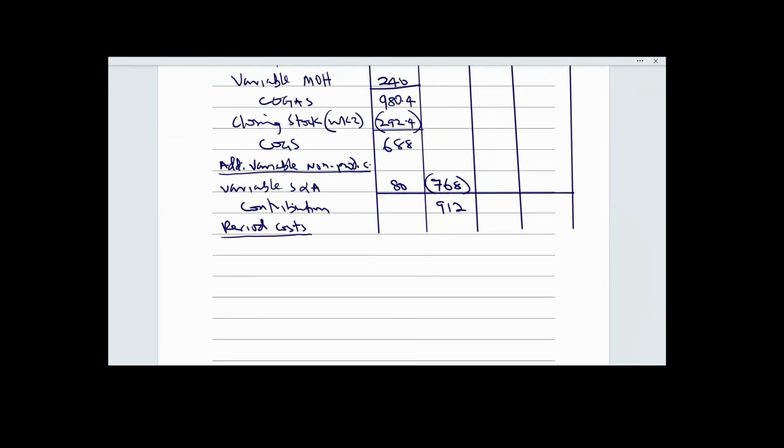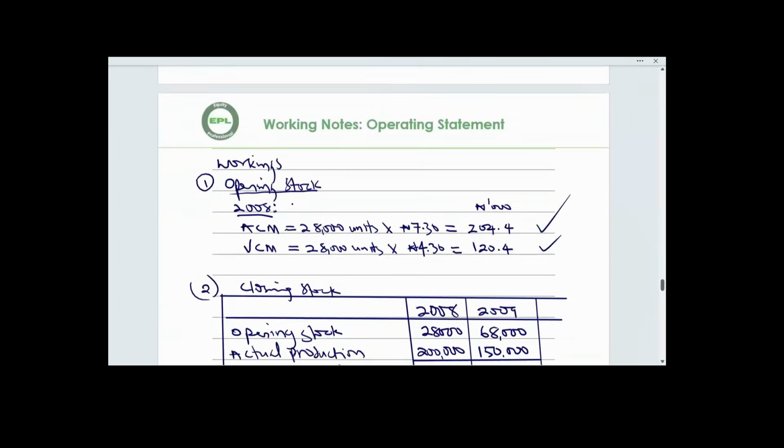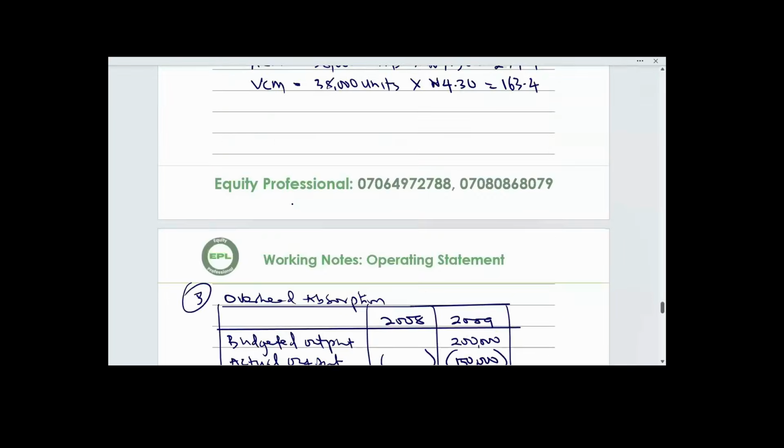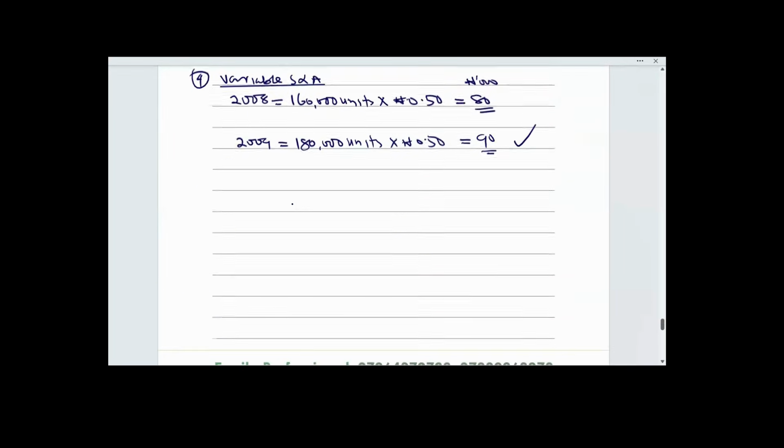Under the period cost, you are going to have fixed manufacturing overhead. Have we calculated fixed manufacturing overhead before? Our fixed manufacturing overhead will be based on our budgeted output. So come here, number 5. Budgeted fixed overhead is equal to budgeted units multiplied by the fixed overhead absorption rate, which is 3 naira.